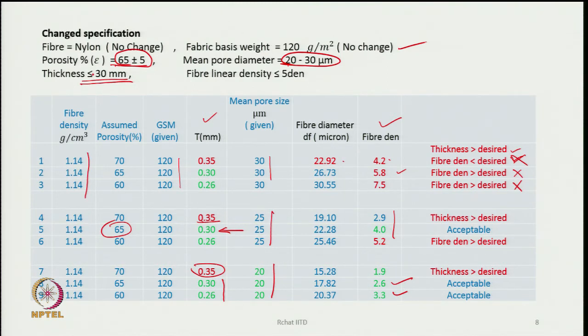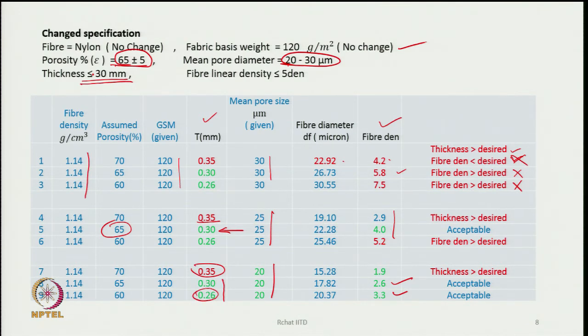Either you choose 4 denier fiber, make a fabric of 0.3 mm thickness, or you take 2.6 denier fiber, make a fabric of 0.3 mm thickness, and 3.3 denier fibers, and make a fabric of 0.26 millimeter thickness, they are going to work.